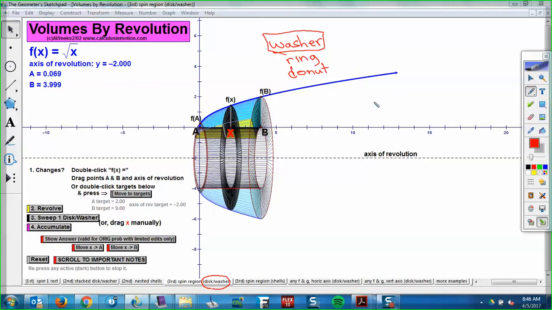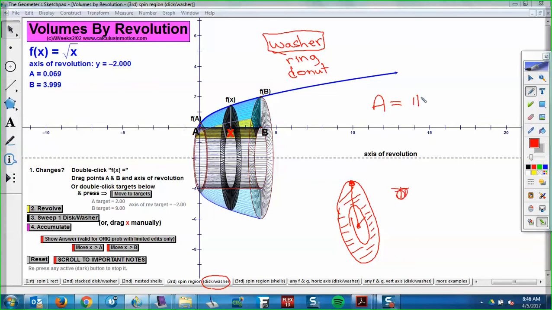What is the area of a ring? It's the area of the big circle minus the area of the little circle. Now, here's what we're going to do.